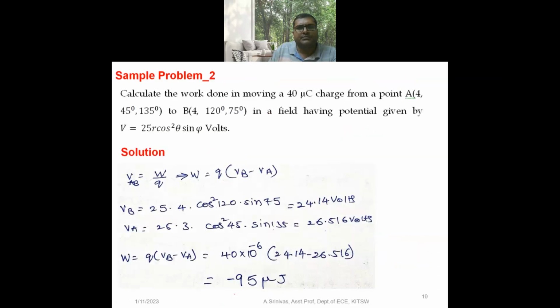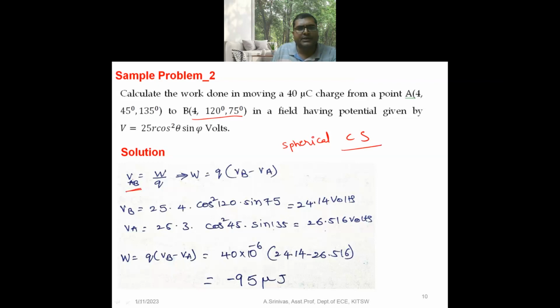Refer to sample problem 2. The problem is given in spherical coordinate system. No need to worry about the coordinate system.